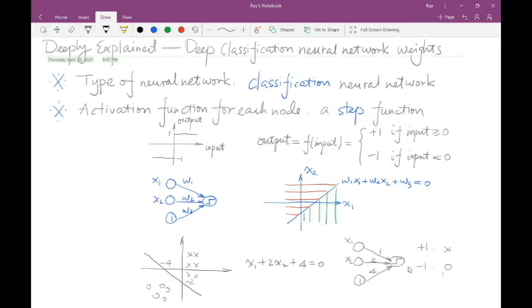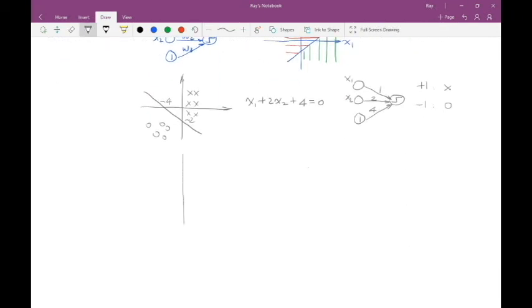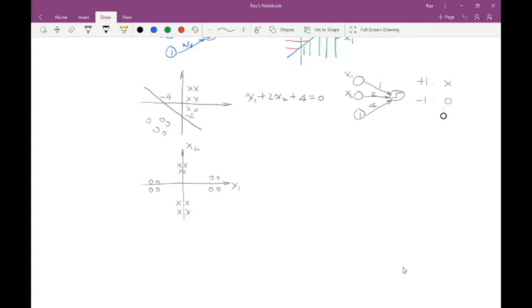How about a more complicated dataset like this? We notice that a single line cannot separate these two classes of data points. So let's use two lines to cut space. Let's draw the first line and name this line N1. When I draw it, its function is determined. It is negative x1 plus x2 equals 0.